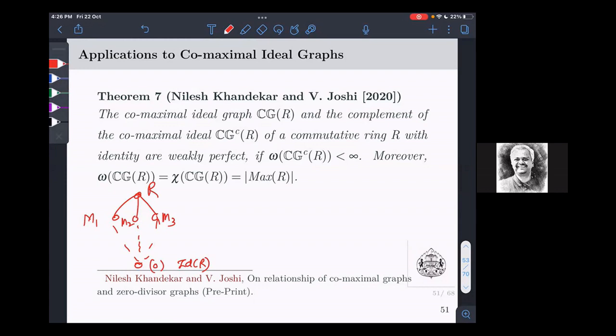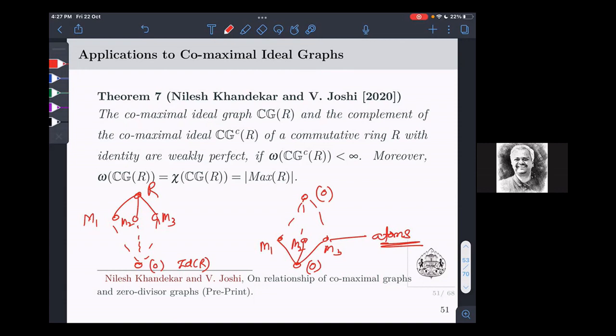If you invert it, this will be 0 ideal. Here is M1, M2, M3, and now these are atoms. Look at this. Very nice relation I'm getting. I have inverted my IDR, and a maximal ideal becomes an atom.